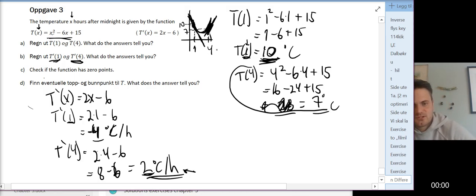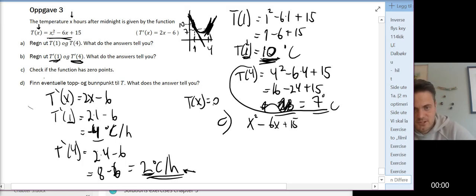And then we should check if this function has 0 points, which means does it actually cross the x-axis? Doesn't look like it with my figure here, but that's just a sketch. So if I want to find 0 points, I of course put this function equal to 0 and use the ABC formula.